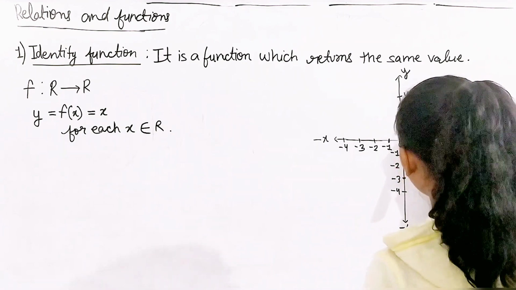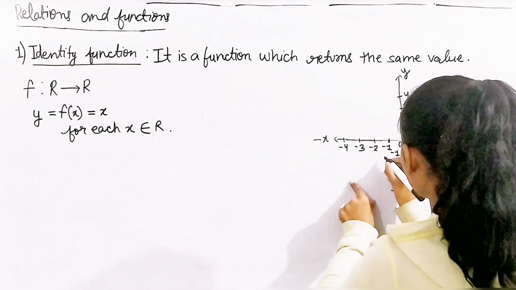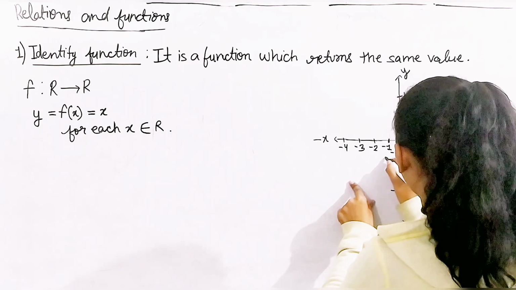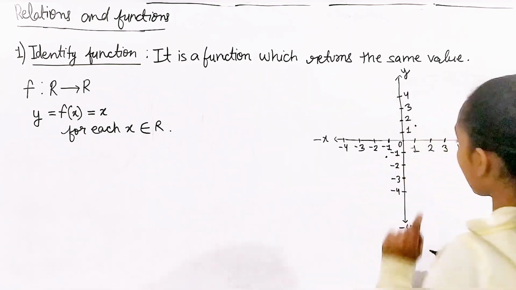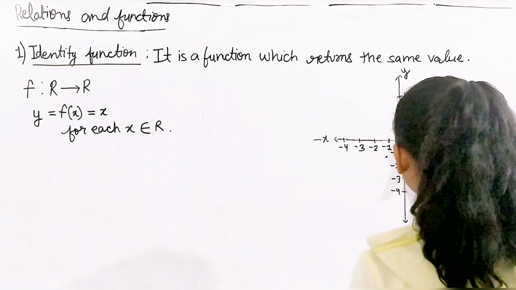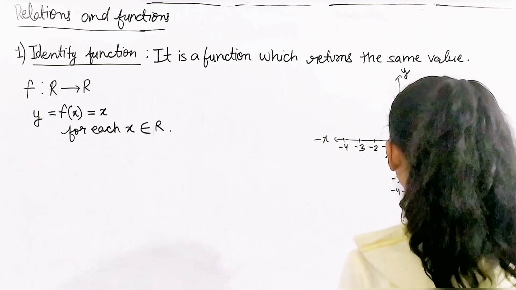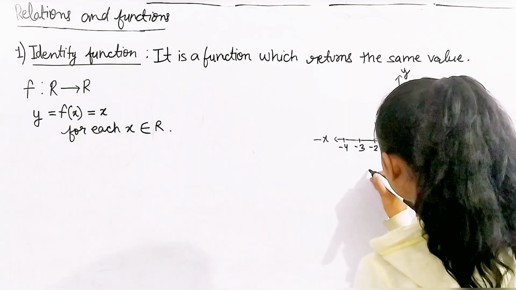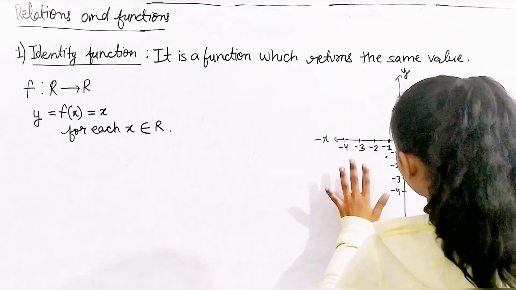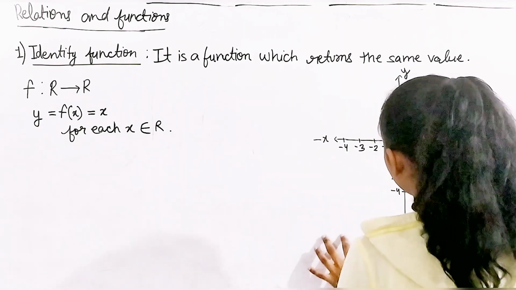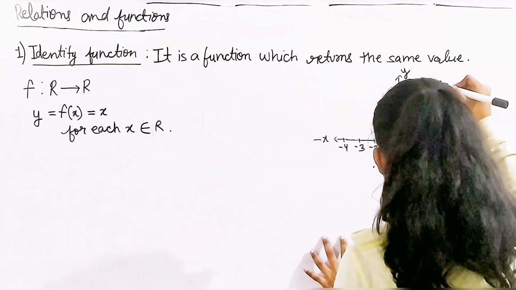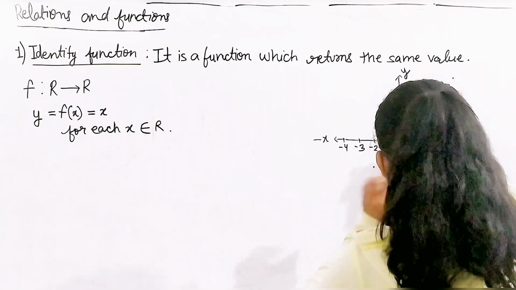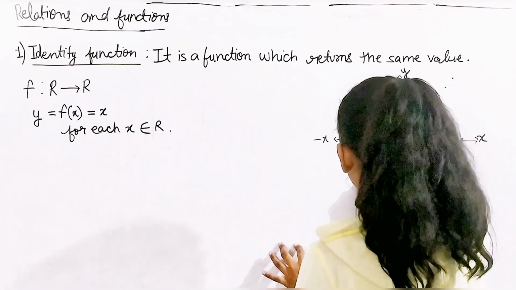So if it's here, then it's the same point, it's going to be right exactly here, okay? And if I'm going to say this 2 right here, then it's going to be the same, like this way. It's too far. Let's say here.